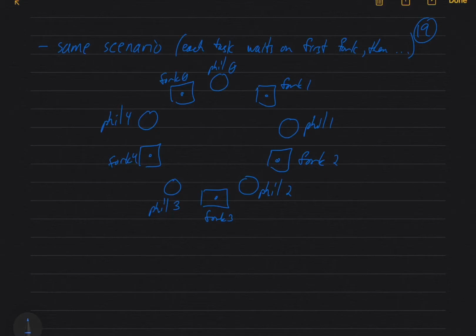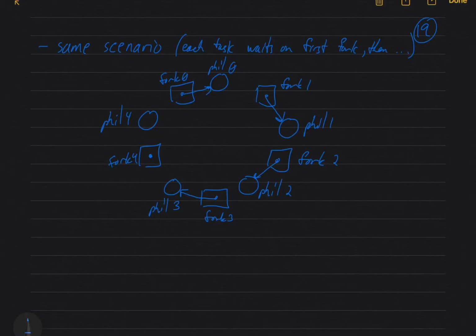Okay, so again, philosopher 0 acquires fork 0, philosopher 1 acquires fork 1, philosopher 2 acquires fork 2, philosopher 3 acquires fork 3. Remember, each one's ending their time slice right after they've acquired their first fork, and there's a context switch to another philosopher.